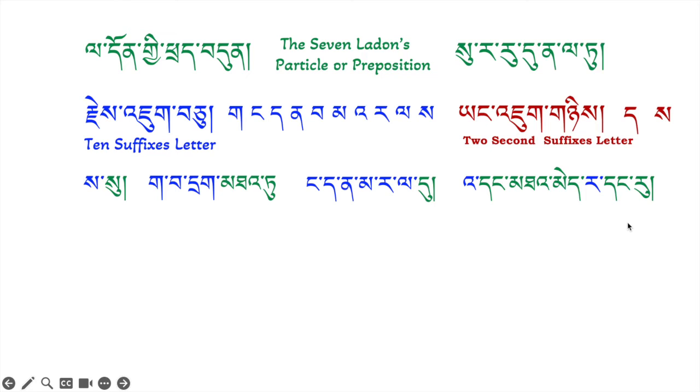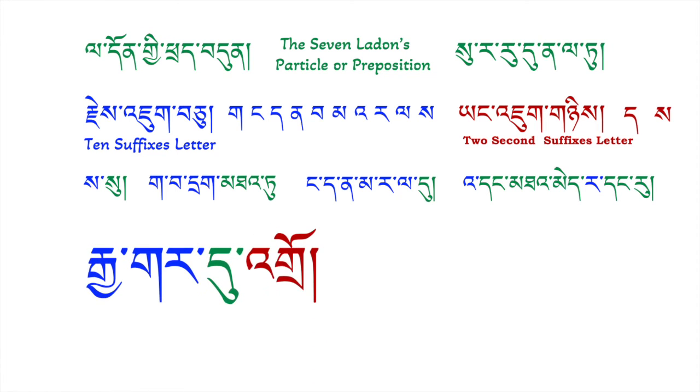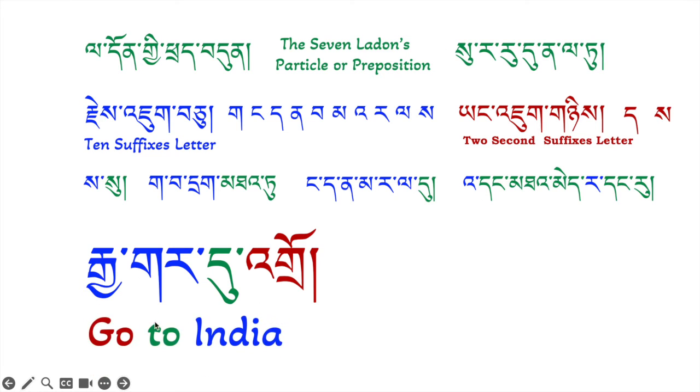Okay, let's go with an example sentence. For example here, Kyagar is India. Do is go. Kyagar do, go to India. So now you can see here, this is the suffix ra.